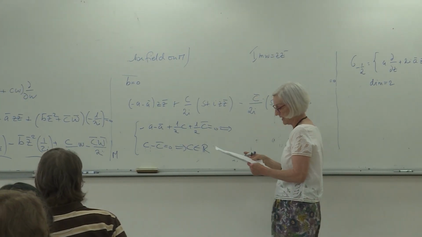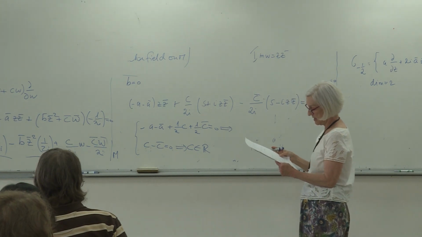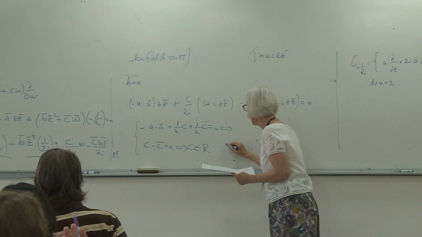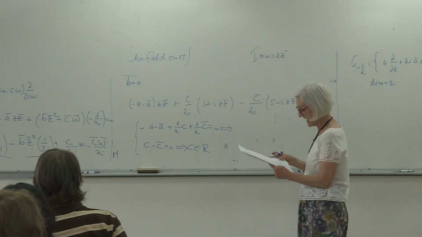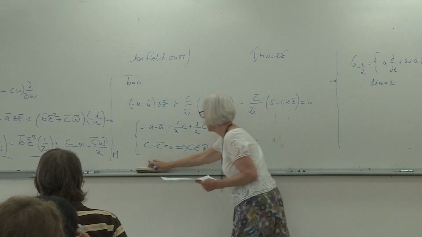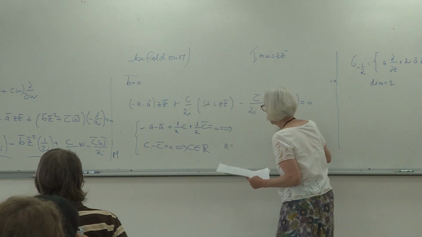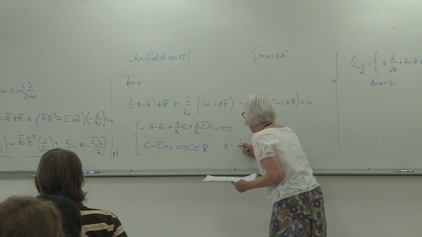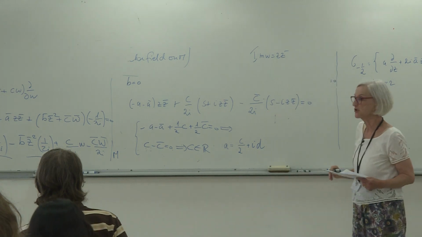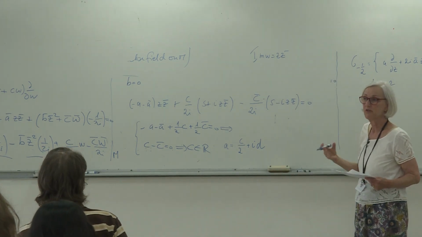The real part of A has to be related to C in the way that it's C over 2, and the imaginary part of A is free, right?